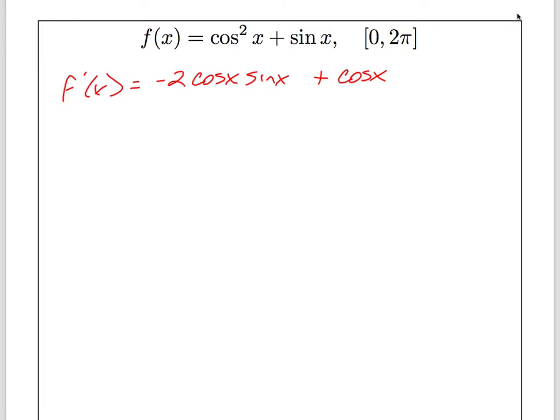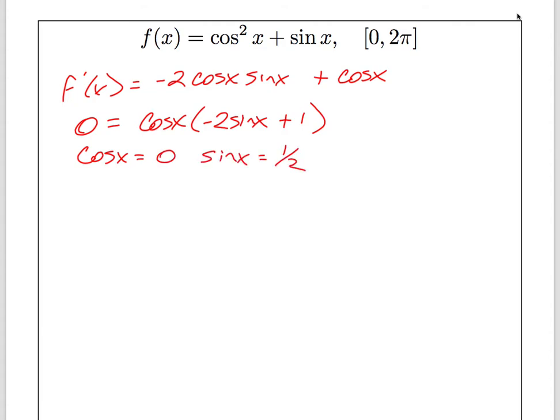Alright, then f prime equals 0. As we do that, what else can we do? So cosine times negative 2 sine of x plus 1, so that will equal 0. So cosine equals 0. Sine equals 1/2.